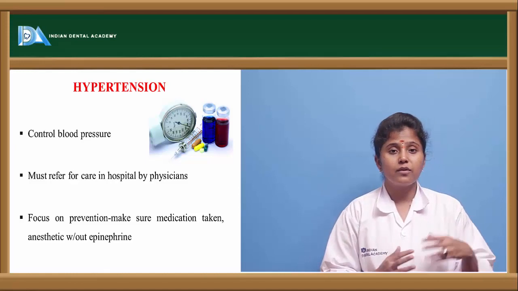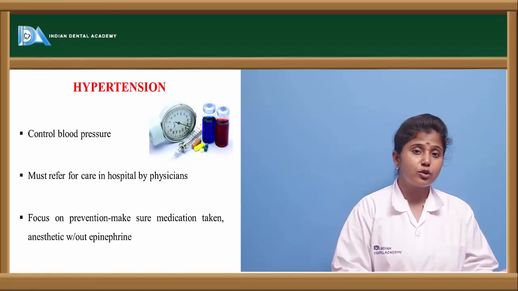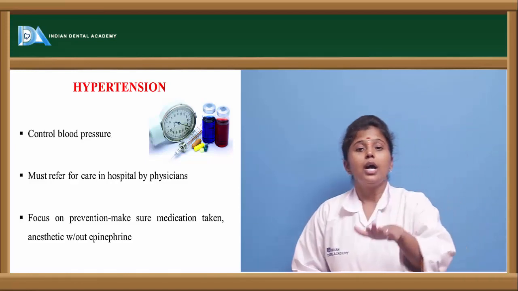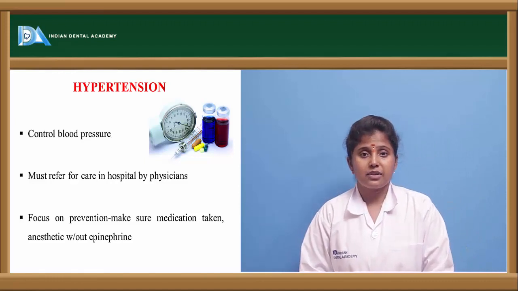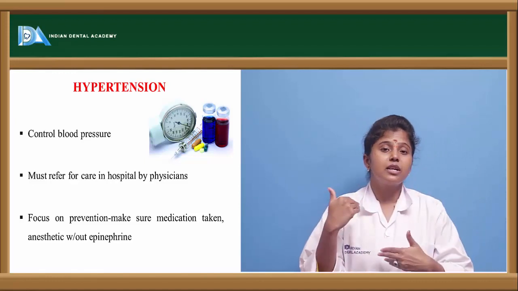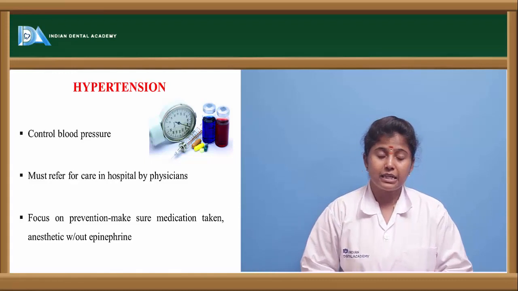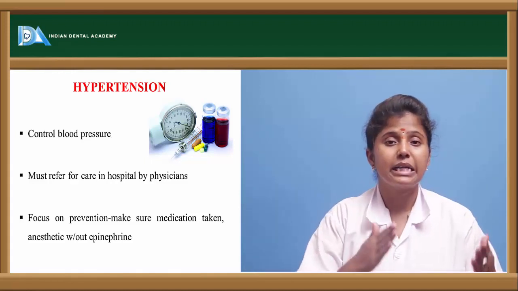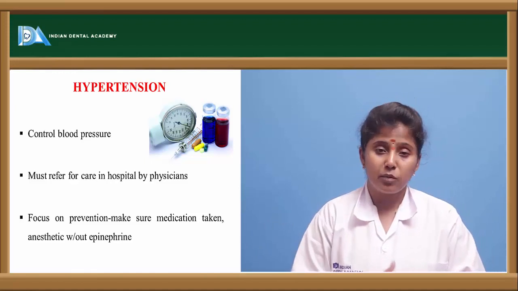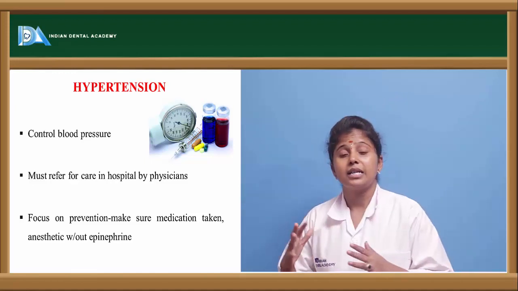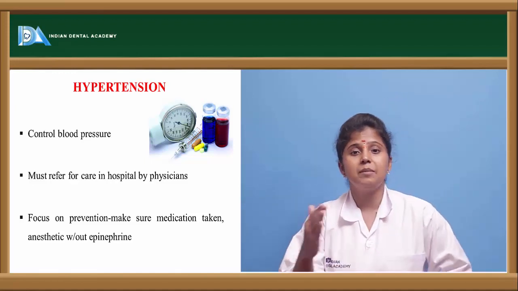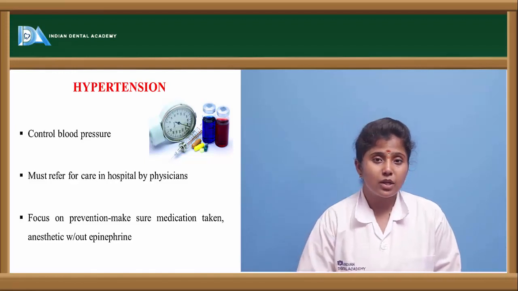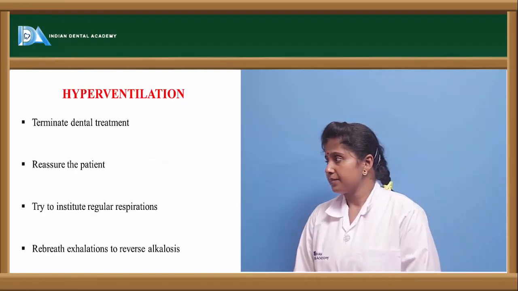So when we give anesthesia, the epinephrine should be given along with it in order to reduce the hypotensive effect. If this preventive measure is not taken by the dentist, then immediately the person should be given basic life support, and then we should give cardiopulmonary resuscitation, and even if he is not relieved, then immediately the person should be shifted to medical treatment.